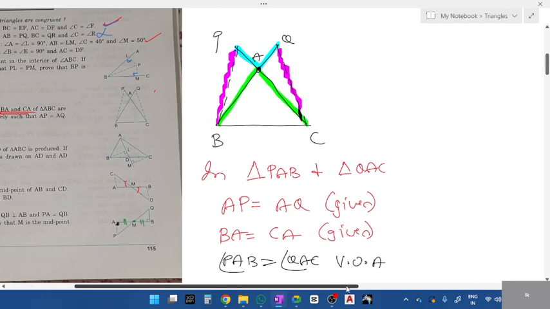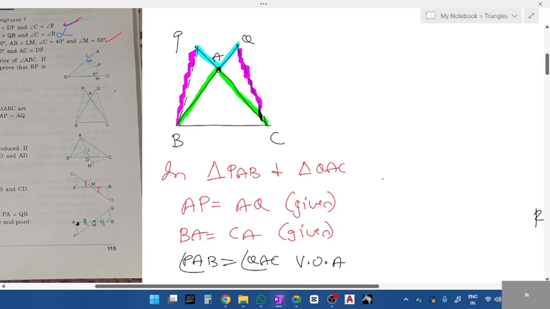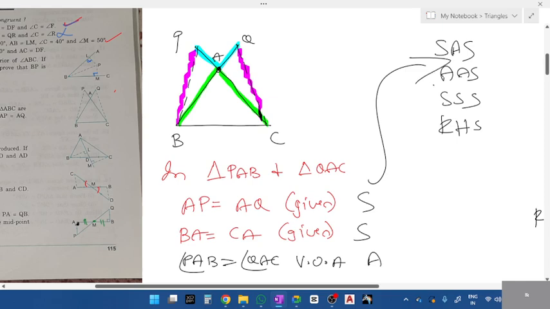So this is criteria. This is congruent under which criterion? Side angle side. Yeah, two sides are given. Look here, two sides are given, one angle is given. Go through everything. Side angle side, angle angle side, side, side, side, RHS. So if you get two angles on one side, it comes under which one?